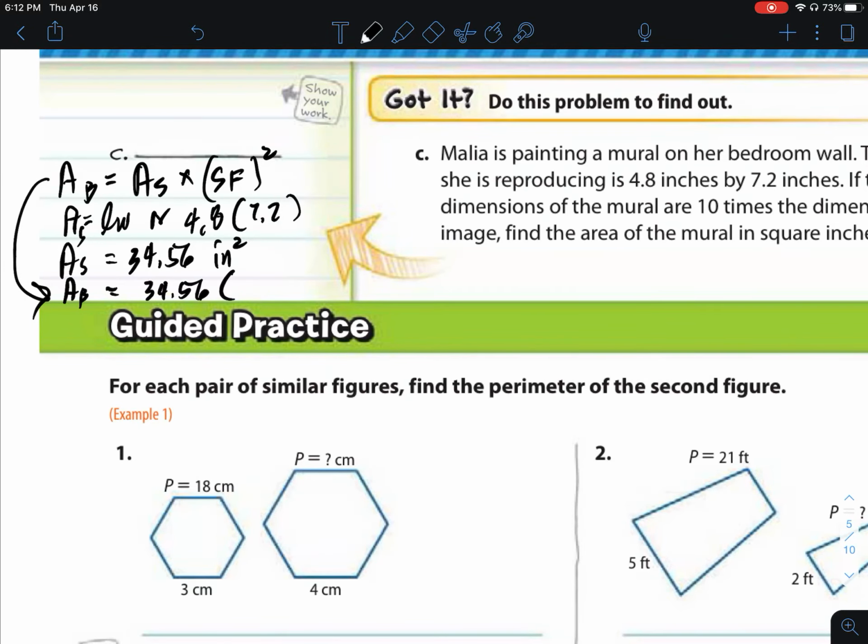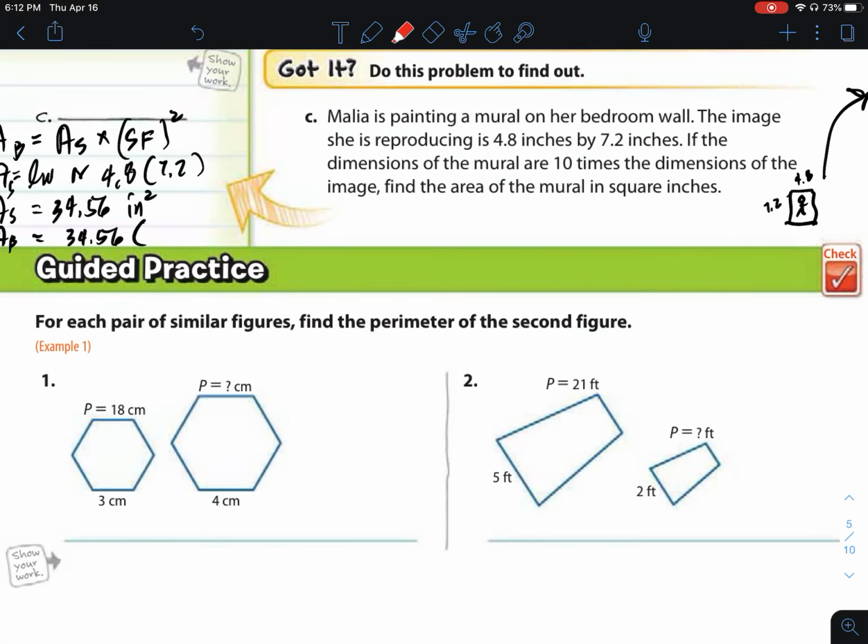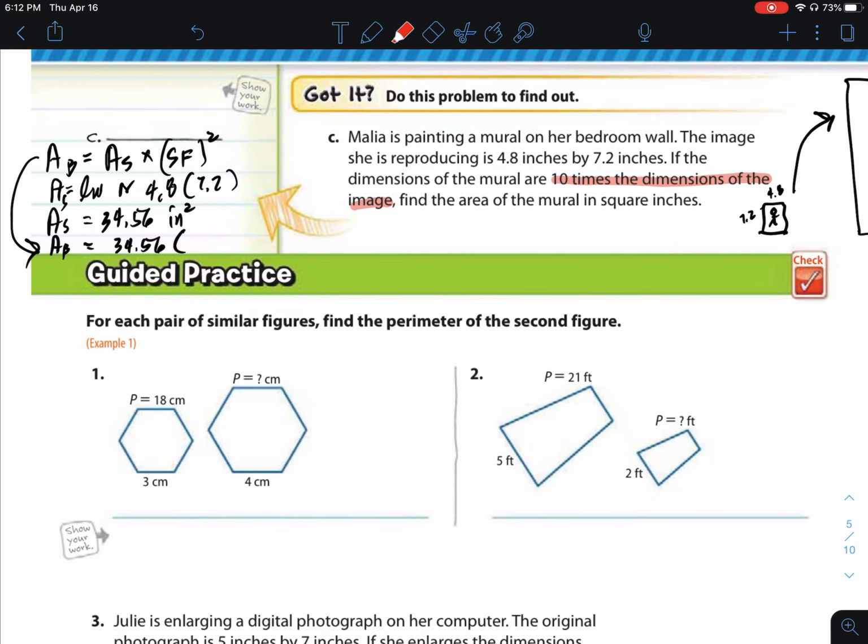Now, where are we going to find the scale factor? Scale factor is here. It says 10, she wants to make a mural that's 10 times the dimensions of the image. So that's our scale factor. So our scale factor is equal to 10. So this is 10 squared. We know that 10 squared is equal to 100.